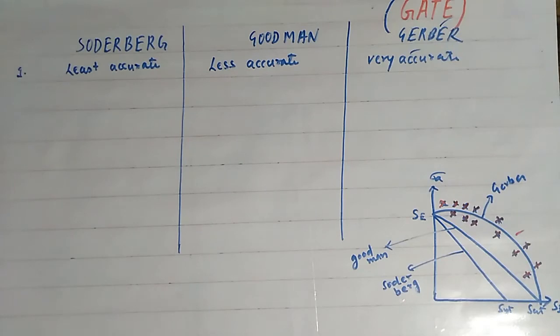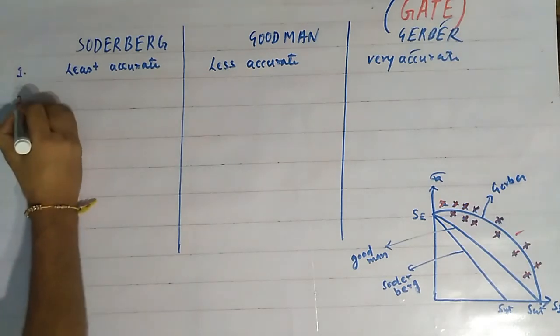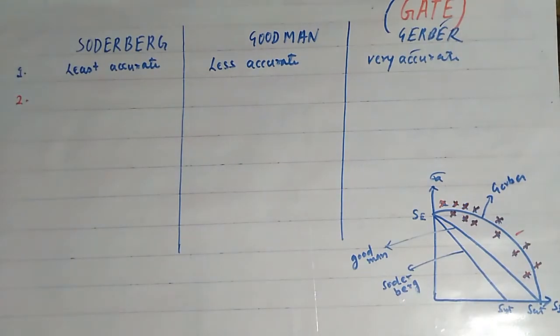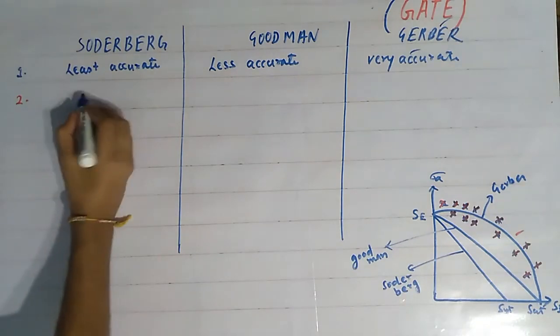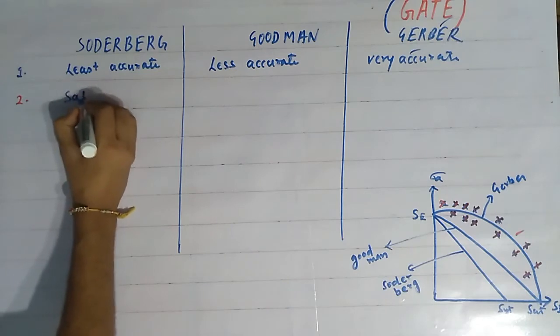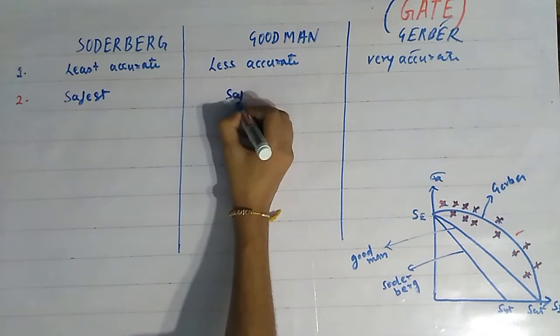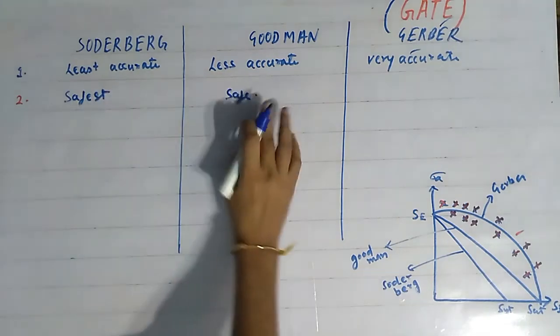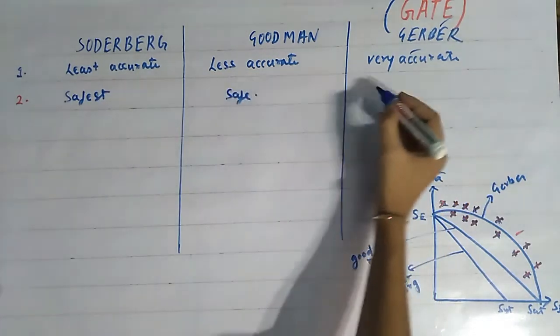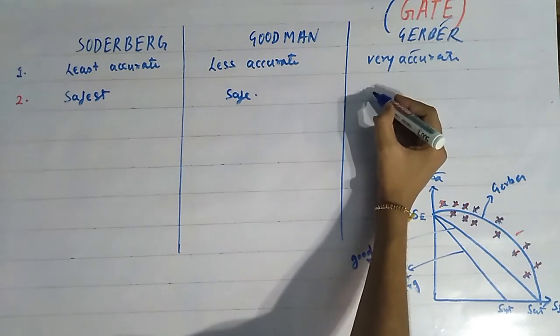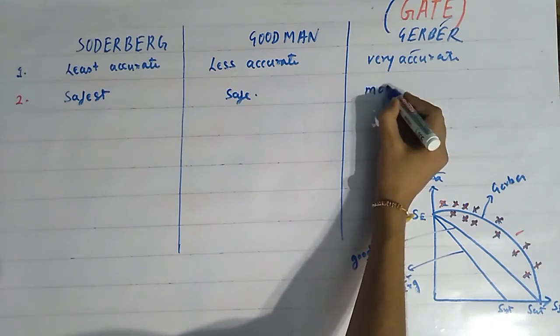Now let us see the second thing, the safest criteria of design. The Soderbergh criteria may be least accurate, but it's the safest criteria. The Goodman criteria is safe but less safe than the Soderbergh criteria, and the Gerber criteria is the most unsafe.